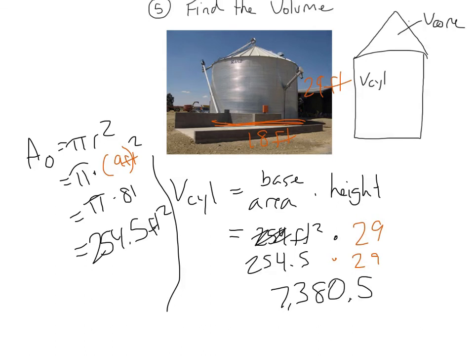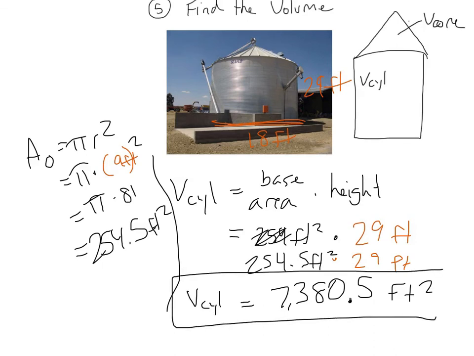Now keep in mind, this was feet squared, and this was 29 feet, right? So feet squared times feet gets you feet cubed. So the volume of the cylinder is that. You can fit 7,380.5 cubic feet.